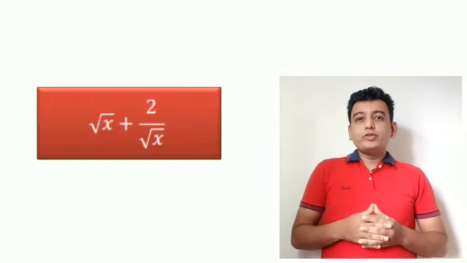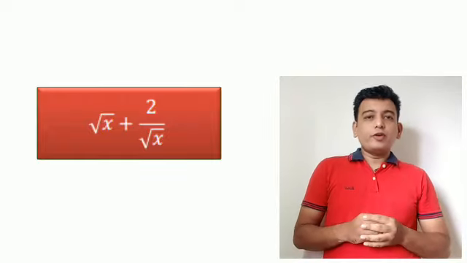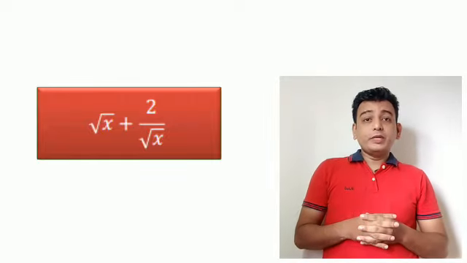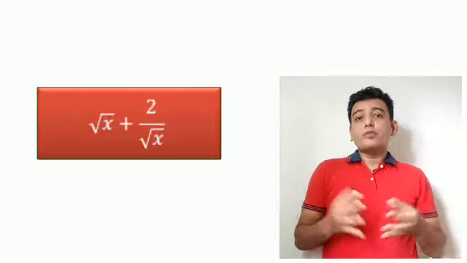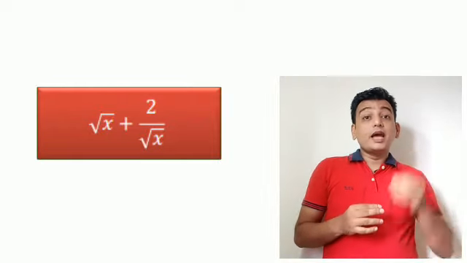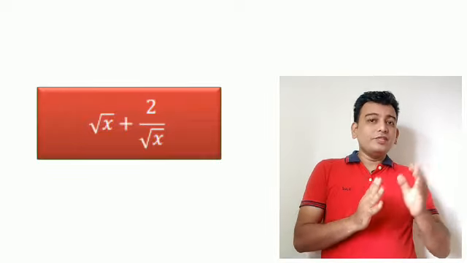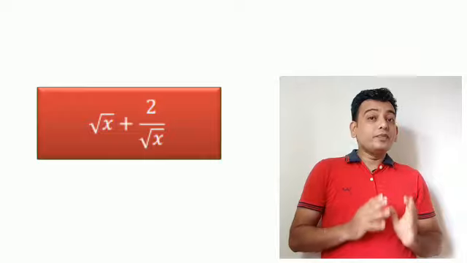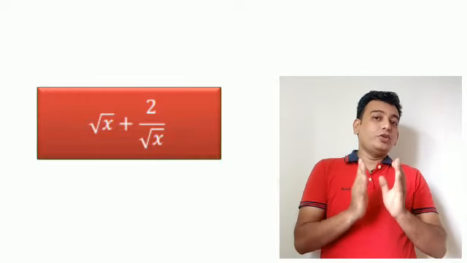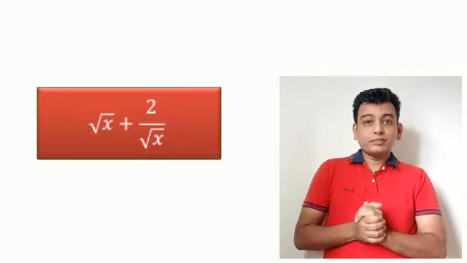Look at this another example. Here you can see square root of x plus 2 upon square root of x. What is the degree of this expression? Of course, we can see that the degree is minus 1 by 2. If you do not know how we find the degree, we must know the degree of square root of x.